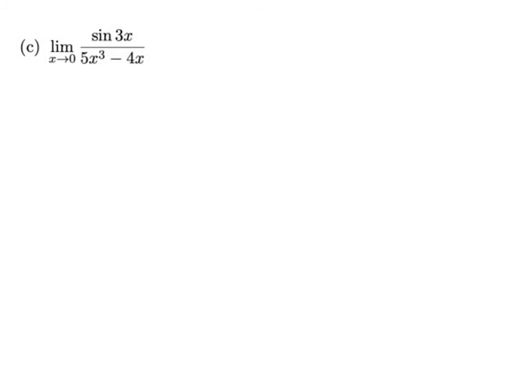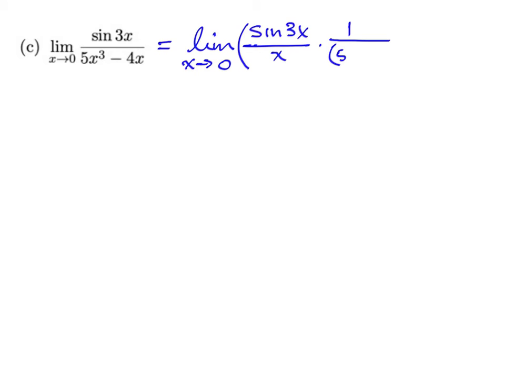So it's really x times 5x squared minus 4. And so I'm just going to rewrite everything as the limit as x approaches 0 of sine of 3x over x times 1 over 5x squared minus 4. So I just factored an x out of the polynomial.